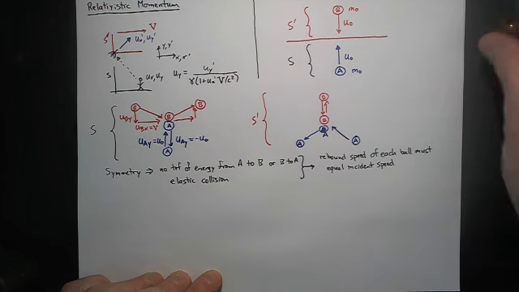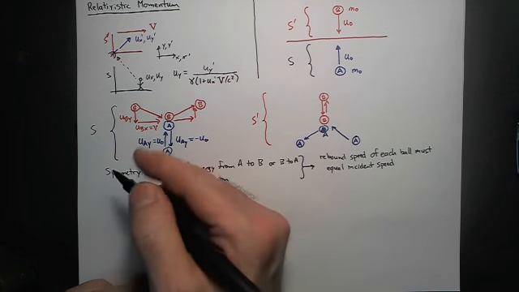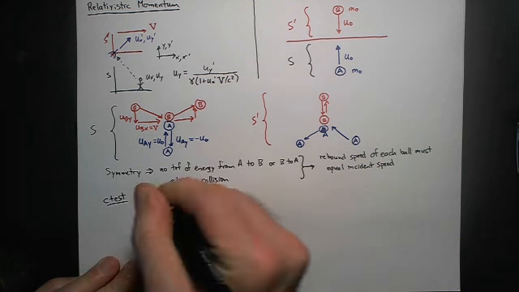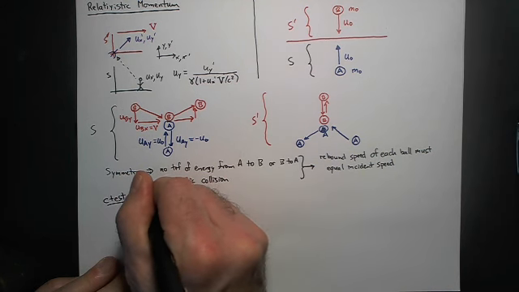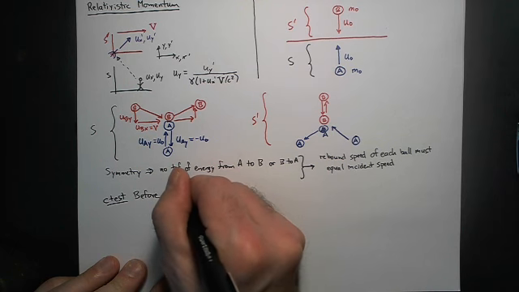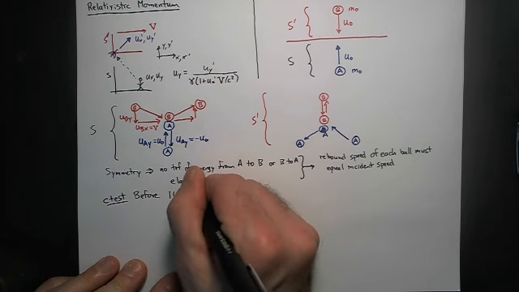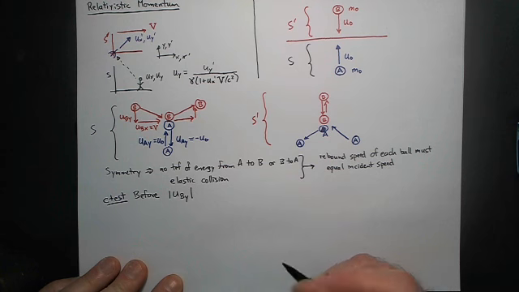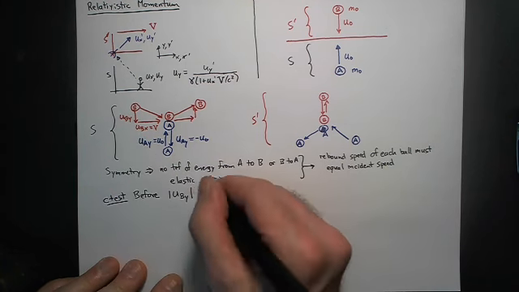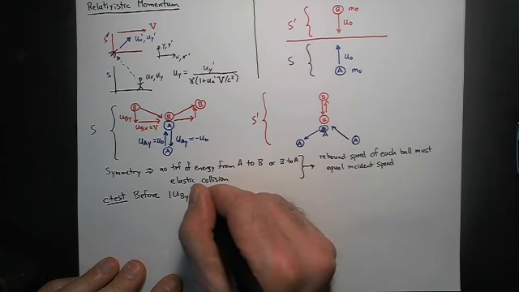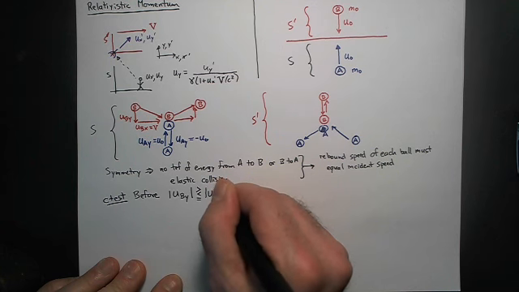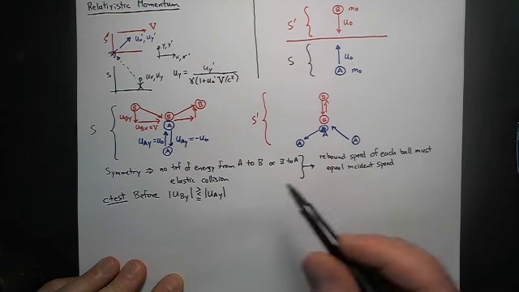Okay. First concept test. Before the collision, is the magnitude of the velocity of ball B in the y direction as perceived in frame S, so that's u_by, that is to say this velocity, greater than, less than, or equal to the magnitude of the velocity of ball A in the y direction?